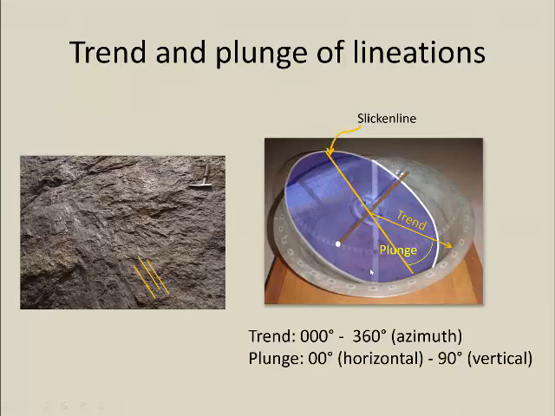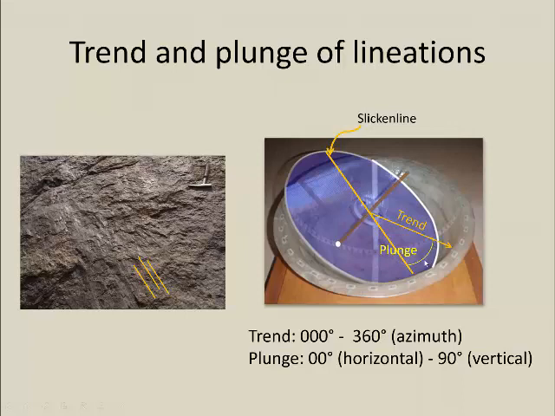Let's assume the purple here is the fold surface. These are the slicken lines, and these slicken lines can be expressed in an azimuth, the trend. We start from the center of that plane, and we just look along the lineation in the horizontal direction. That gives us the trend. And we have here, determined by the steepness of the plane itself, the plunge, which gives us the steepness of the lineation.